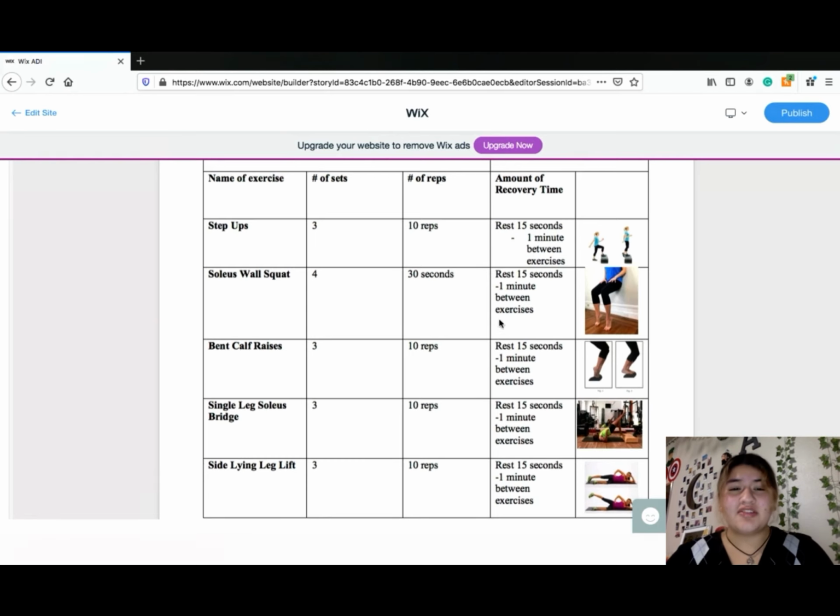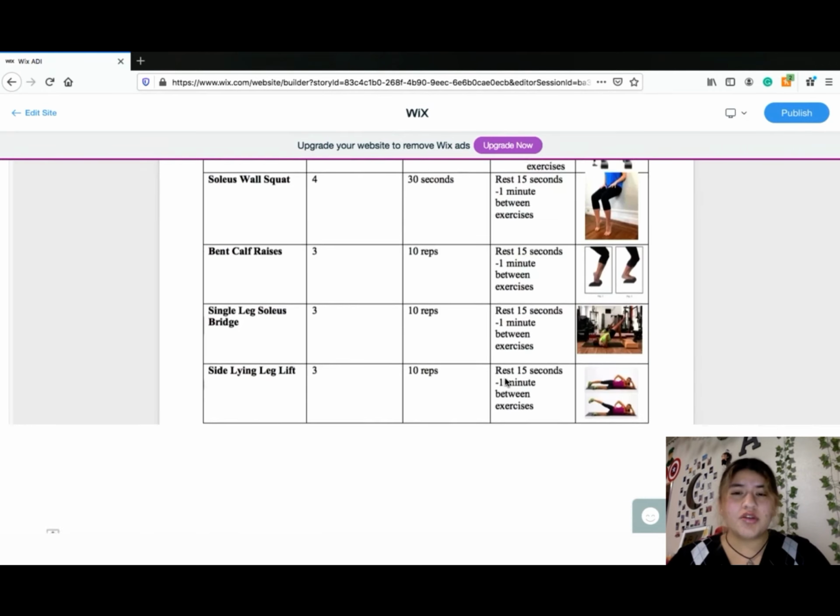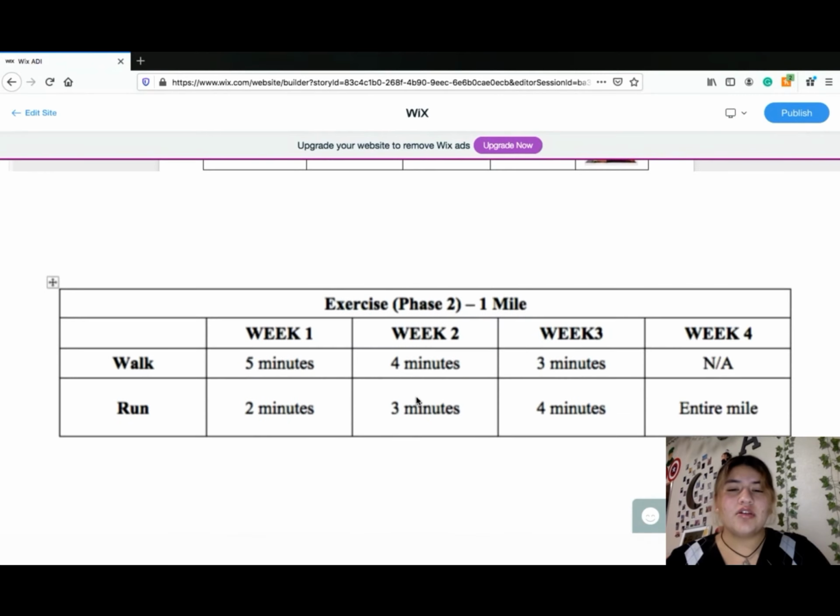Sorry if I mispronounced that. So here in this phase, we're kind of working on strengthening that. And in phase 2, we're still working on strengthening, but then we're focusing on a transition into running again, slowly.